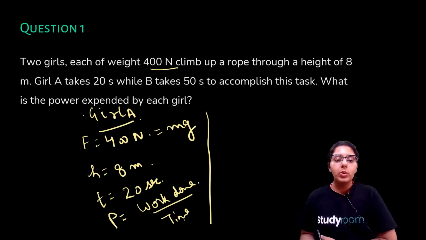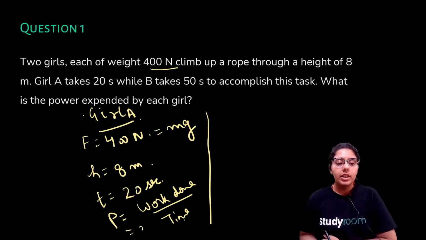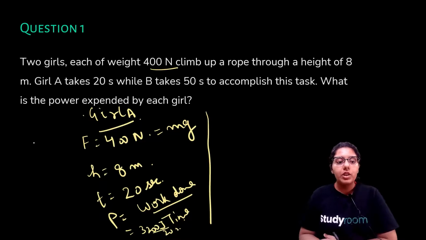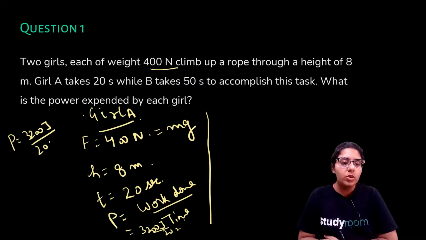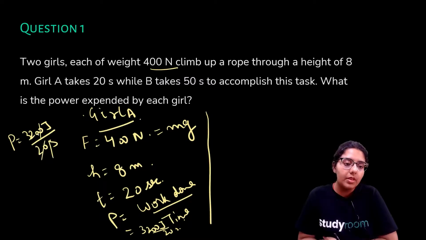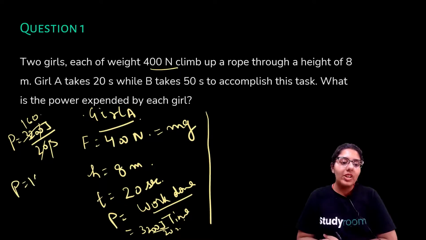Work done is 400 into 8, that is 3200 joules, upon time, which is 20 seconds. So for girl A, power is 3200 joules upon 20 seconds. She takes 20 seconds to do the work. So power comes out to be 160 watt, or we can say 160 joule per second.